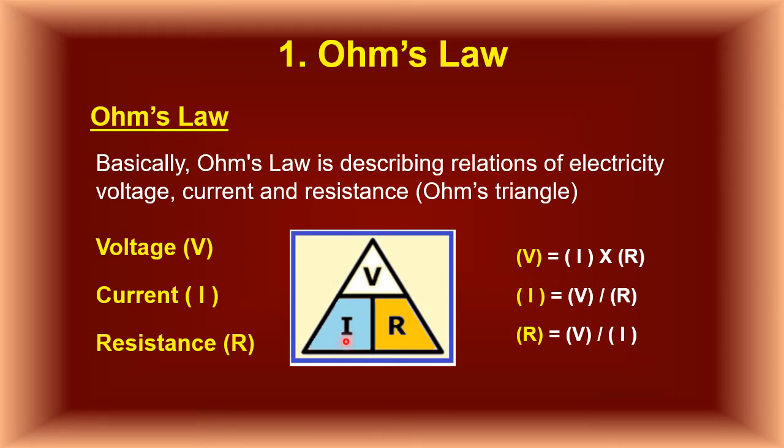V equals the current multiplied by the resistance, so this is I multiplied by R. Or we can come up with another formula for the current, the amount of electricity flowing in a wire, which is given the letter I. I equals V divided by R. Or if I want to know the resistance, I can take the voltage divided by the amount of electricity flowing in the current, and this is R equals V over I. So we have these three equations coming out, and we can understand them from this Ohm's triangle.